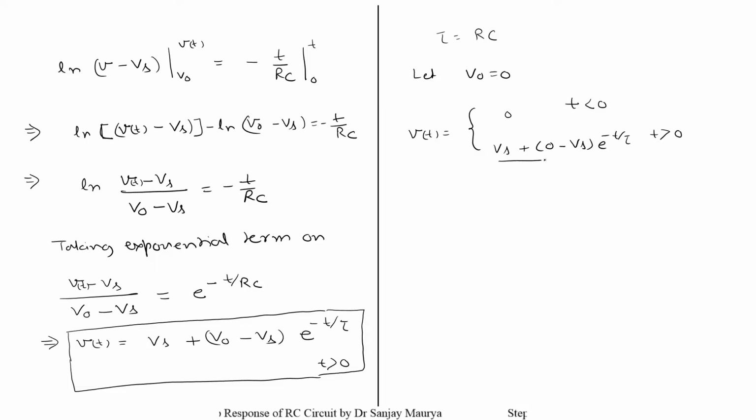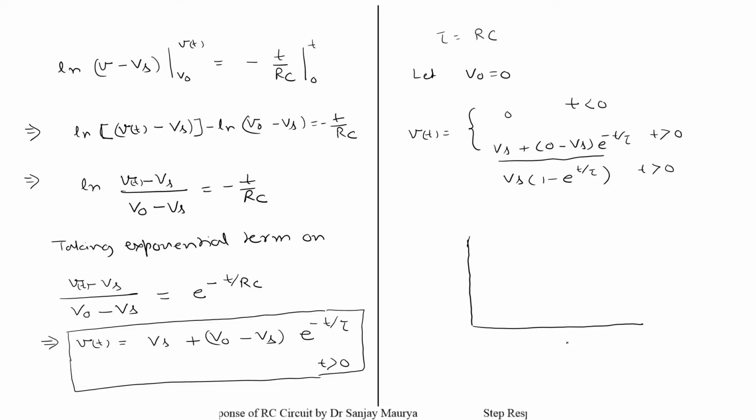If I rearrange this term, I can write it as Vs times (1 minus e to the power minus t by tau). This is for the case t greater than 0. If I plot this curve, this is the time axis and this is the voltage level across the capacitor.